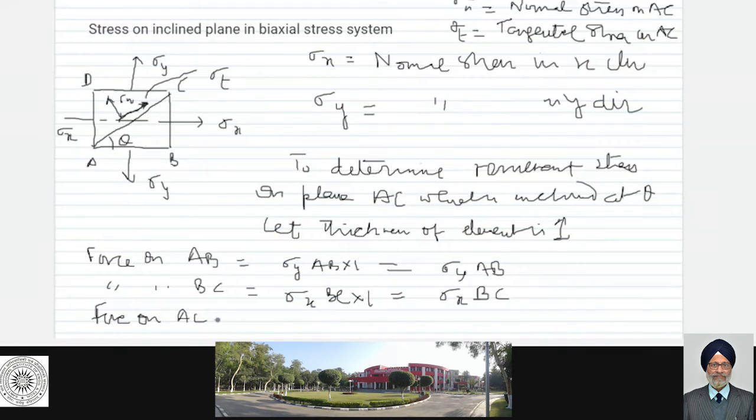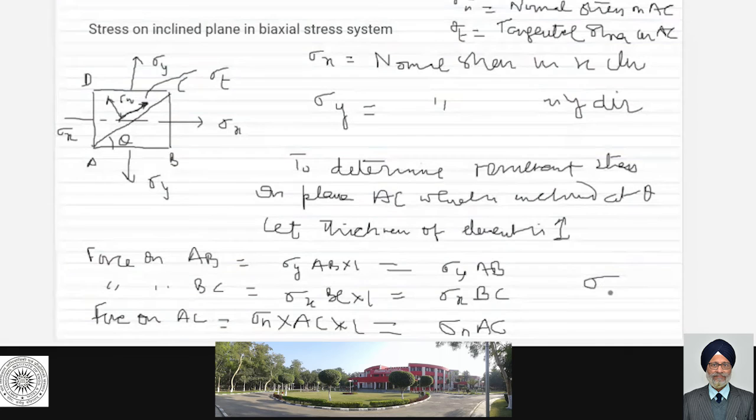So here the force on AC will be sigma n into AC into 1, and the tangential component of the force will be sigma t into AC. So that means there are 4 forces acting on this plane. So I will draw the equilibrium.